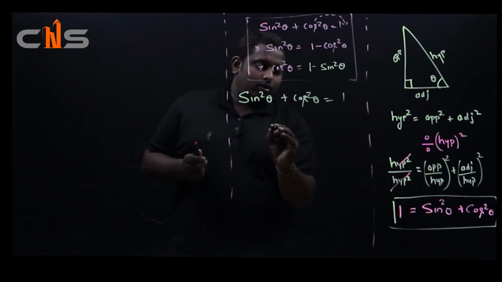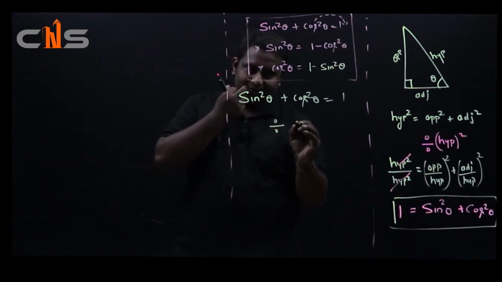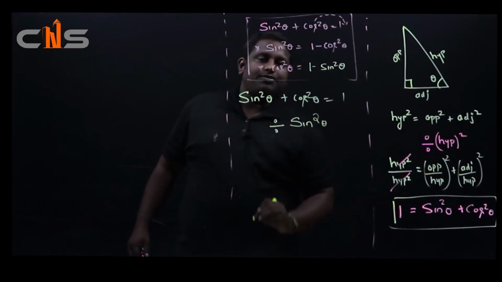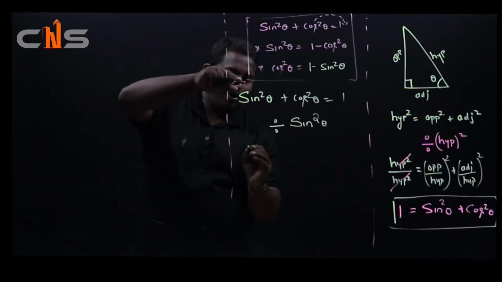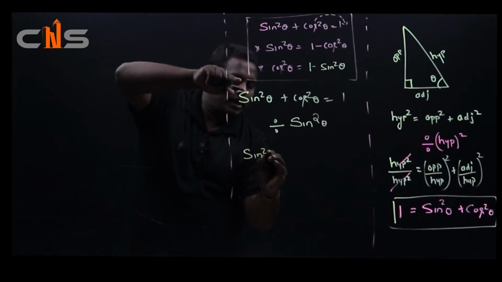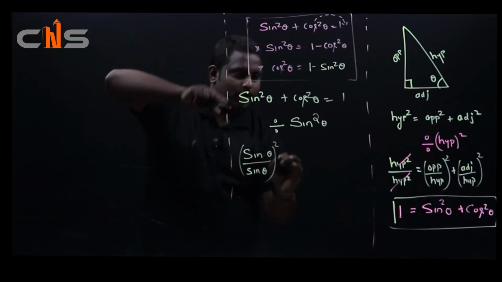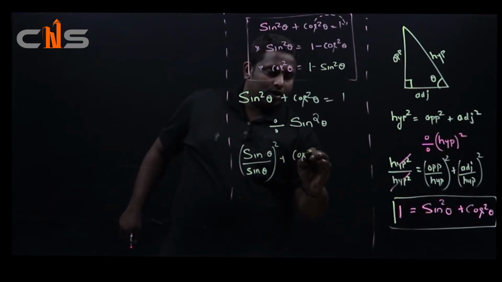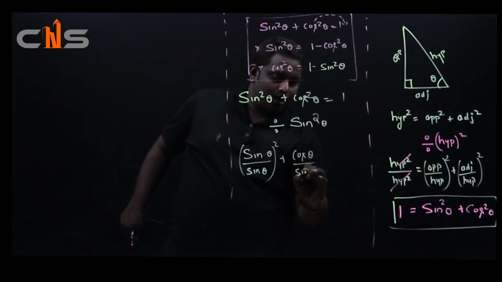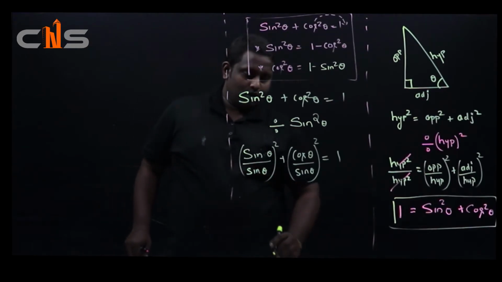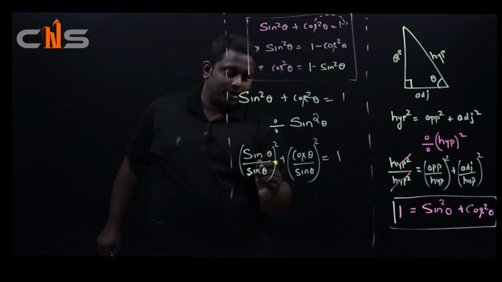To derive the next identity, we will divide by sine square theta first. So what happens here? Sine theta whole square divided by sine theta whole square, plus (cos theta divided by sine theta) whole square equals 1 by sine square theta.